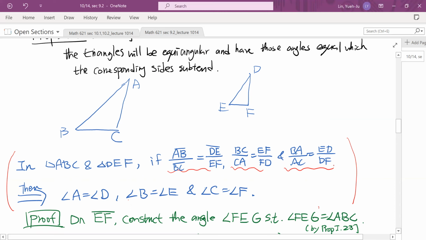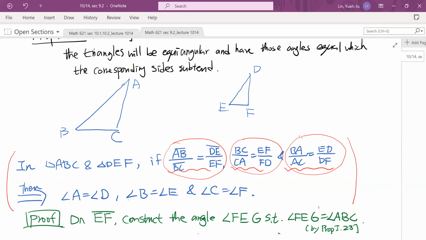The reason it's called side, side, side is because you have three pairs of proportional sides. This is quite different from the usual congruence scheme, so you want to be a little careful here. To be honest, I think the most commonly used similarity schemes are AA or AAA. The SSS and the last one, SAS, are not that commonly used.